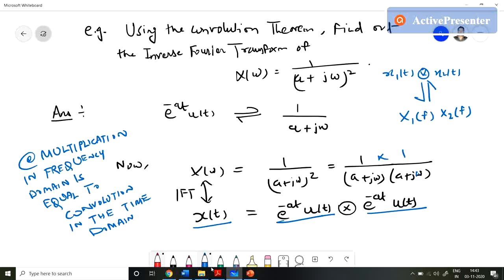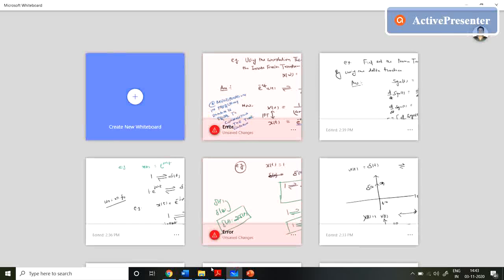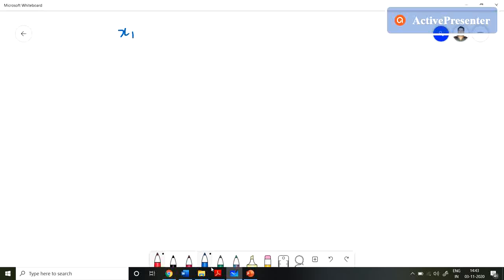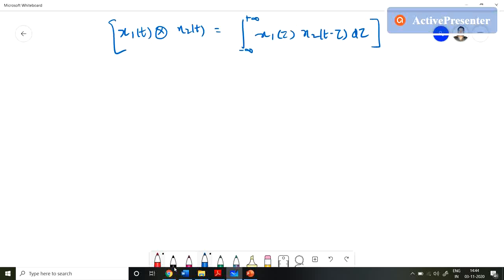And what is the definition of convolution? If x1t has convolution with x2t, then it is written as the integral from minus infinity to plus infinity of x1(tau) x2(t minus tau) d tau. We can apply this property.